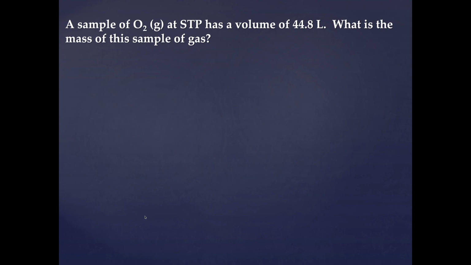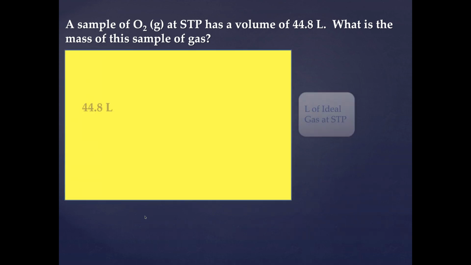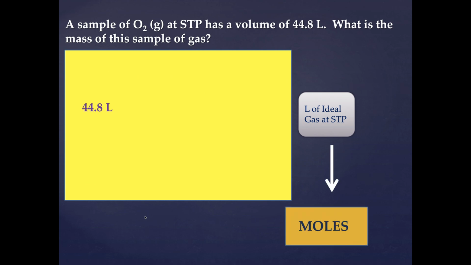We have a sample of O2 gas at STP, has a volume of 44.8 liters. What is the mass of this sample of gas? Well, what we're given is liters of ideal gas. We have to convert that to moles, and to do that, we divide by 22.4, because dividing by 22.4 will cancel out liters and leave us with moles.